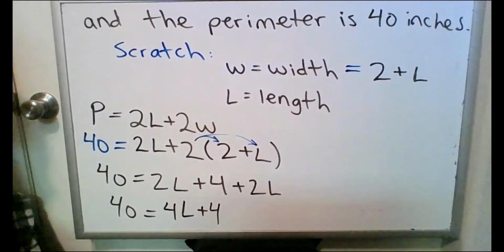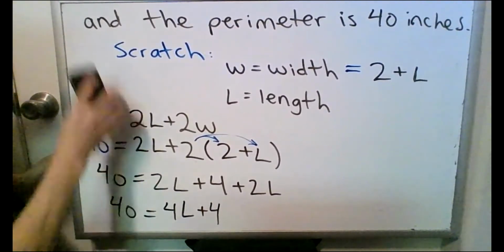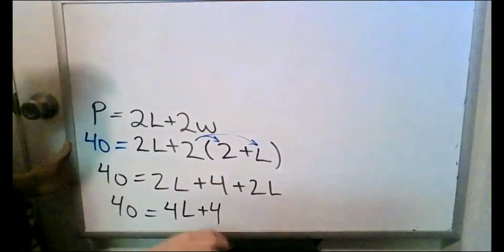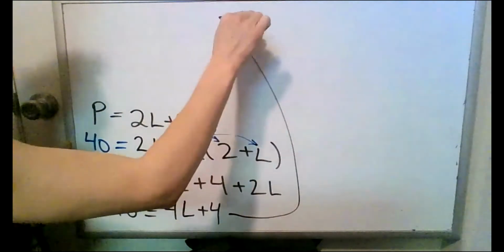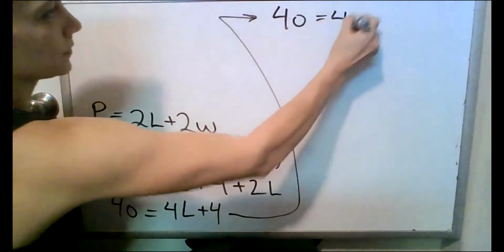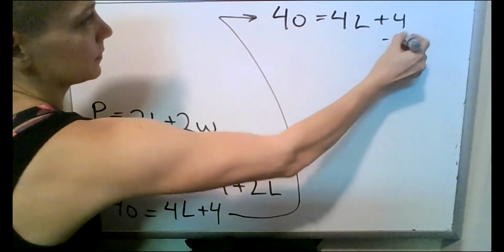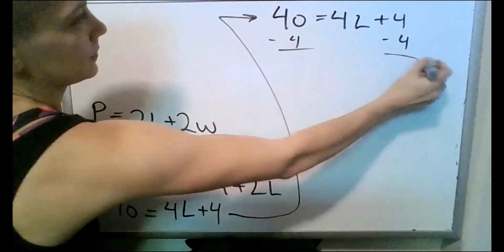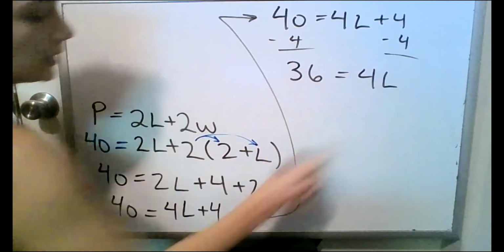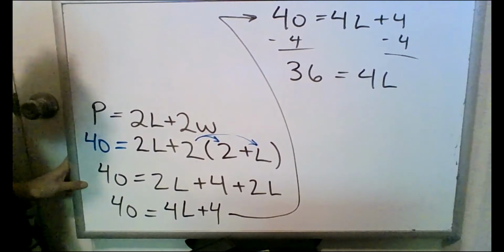Let's subtract 4 from each side. Okay, 36 equal to 4L. Then divide each side by 4.